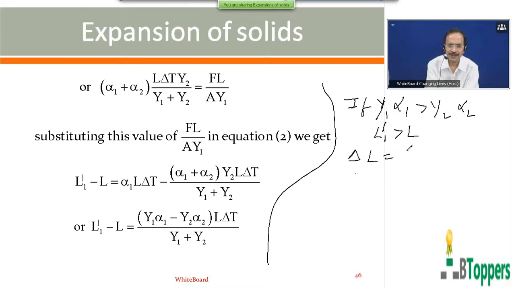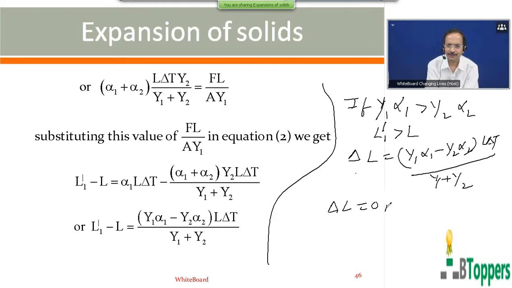Then delta L will be written as Y1 alpha 1 minus Y2 alpha 2 into L delta T by Y1 plus Y2. So delta L will be 0 if Y1 alpha 1 equals Y2 alpha 2. So I will continue my discussion in the next class.